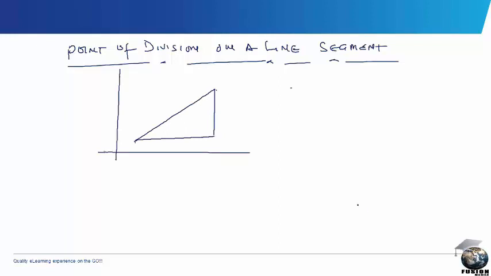Here we'll be dividing a line joining two points into segments, and we divide them not in equal proportion but in a defined ratio.